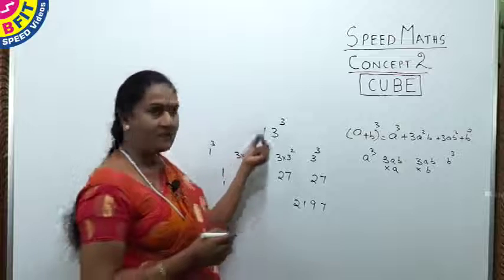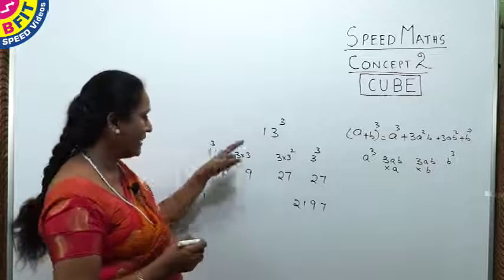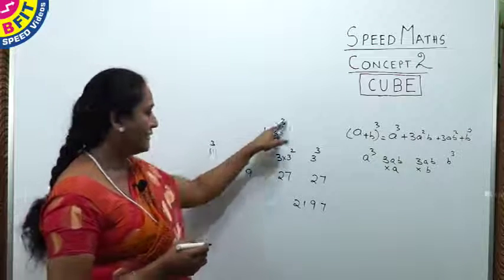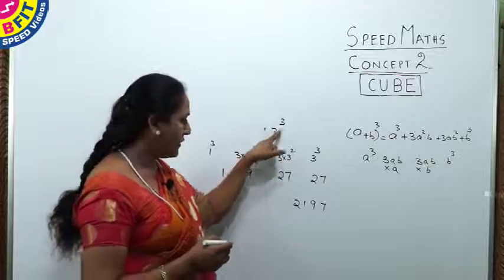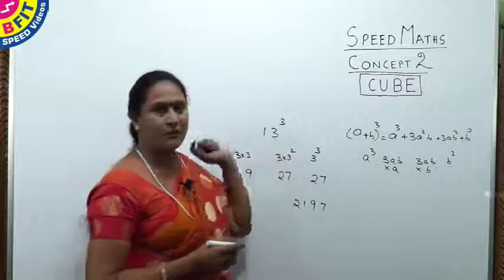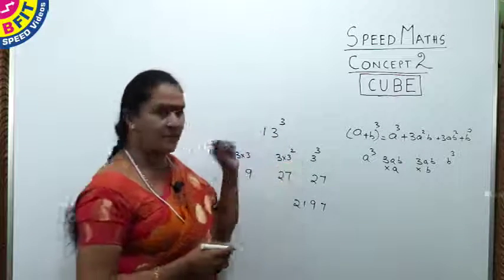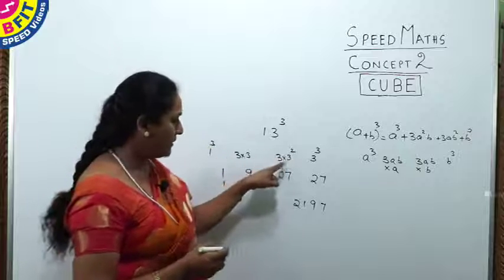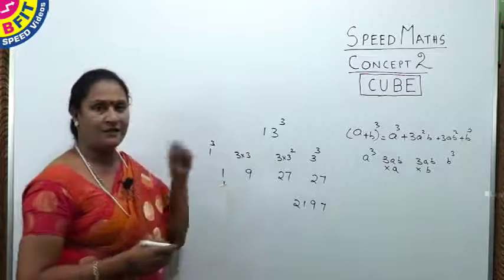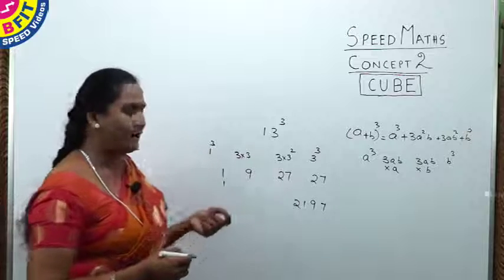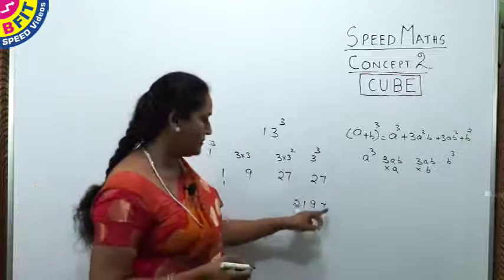So here as we have 1, you can just take 1, then 3 times the number whatever you have here, and 3 times the square of this number, and the cube of this number. So 3 cube is 27. 3 square into 3 is again 27. 3 into 3 is 9, and right here 1. To collect the answer, 7.